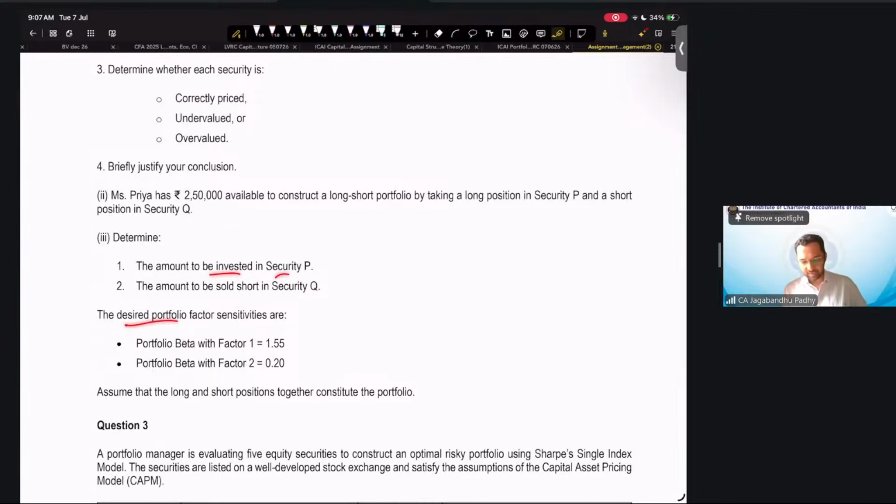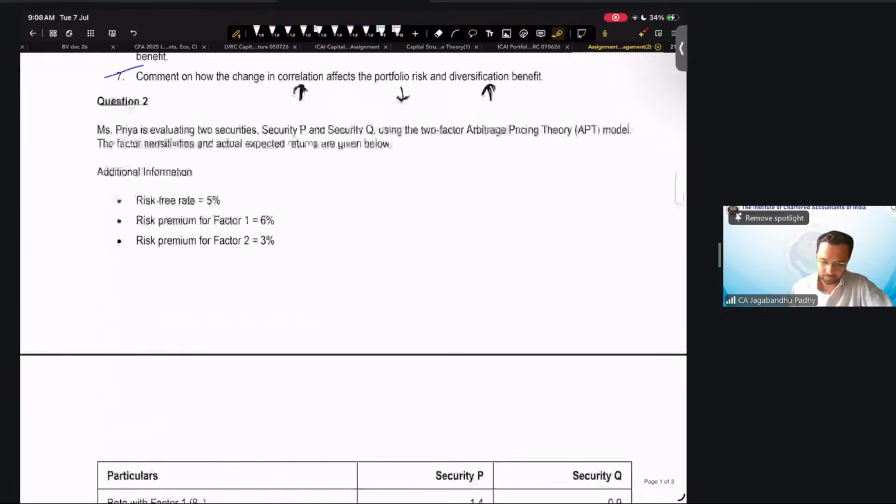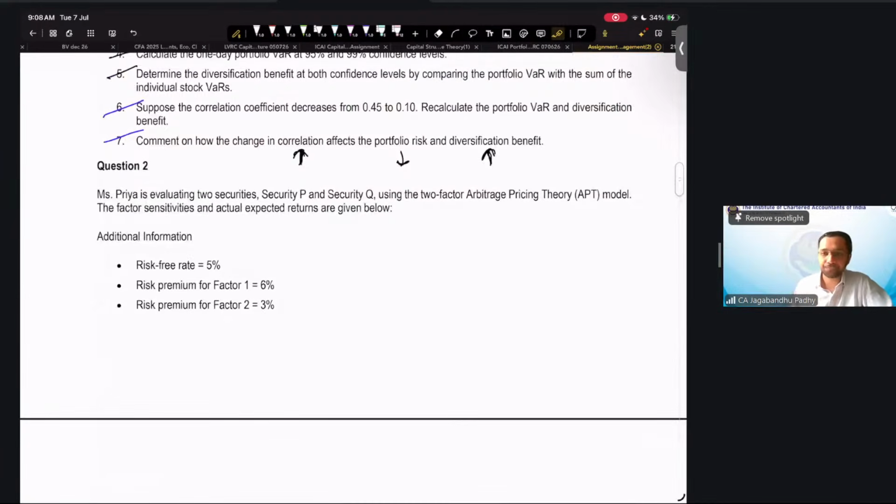Now, the desired thing is you want the portfolio beta for factor 1 to be 1.55 and portfolio beta for factor 2 is 0.2. Assume that long-short positions together constitute the portfolio.